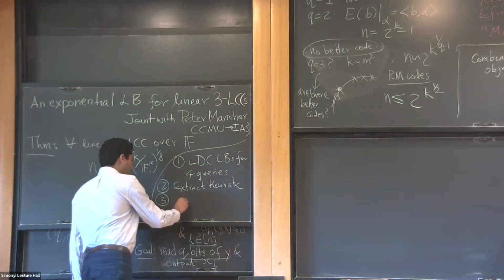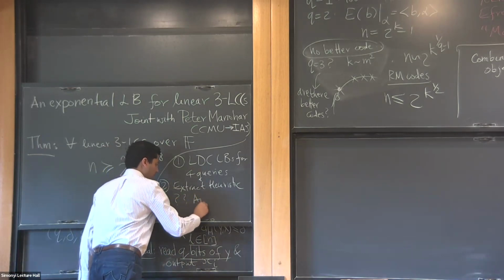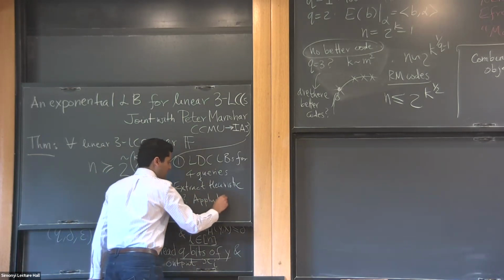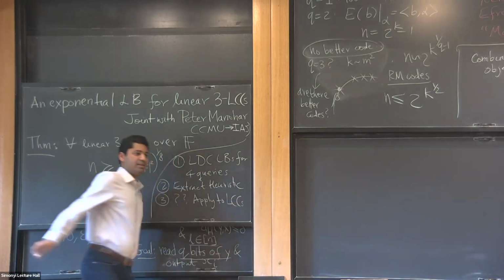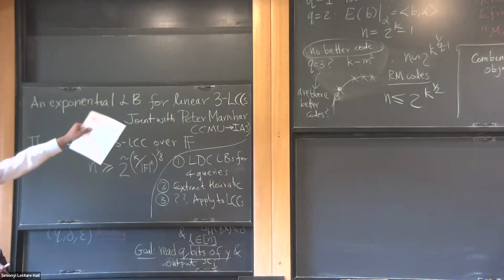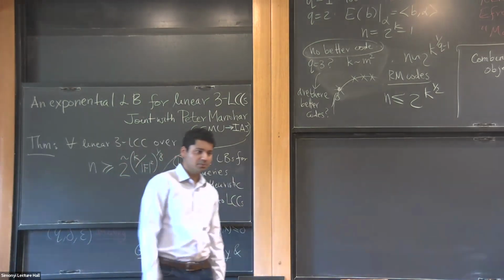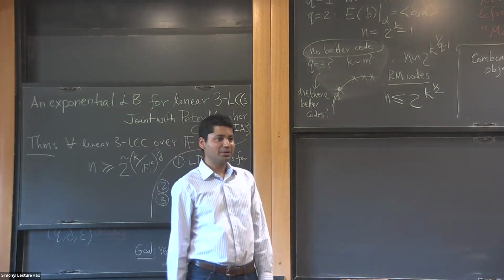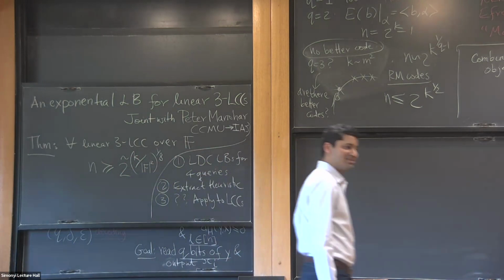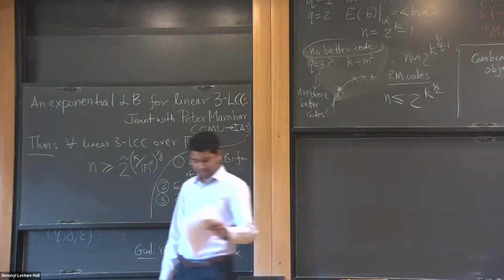I'll expand on how I'm going to do LCCs once I get to it, okay? But that's our plan. I'm going to first tell you how to do that result, and then how this works, and hopefully this will be useful. You get 2 for the price of 1, right? You get at least about 1 more result.